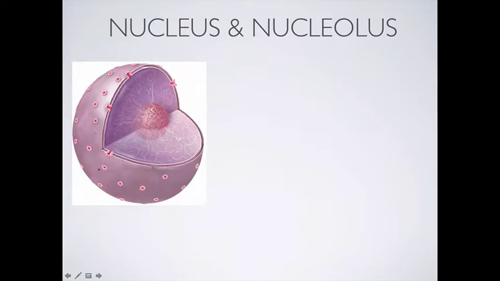This membrane is called the nuclear membrane, or sometimes the nuclear envelope. So that is the control center of the cell, right? Inside that nucleolus, that's a place where the ribosomes are made.